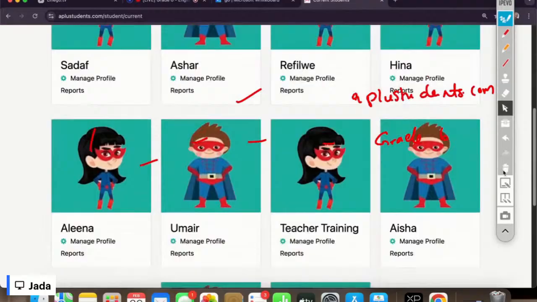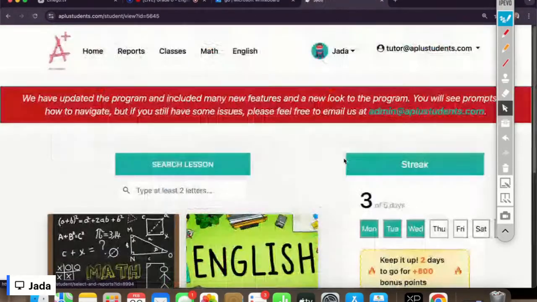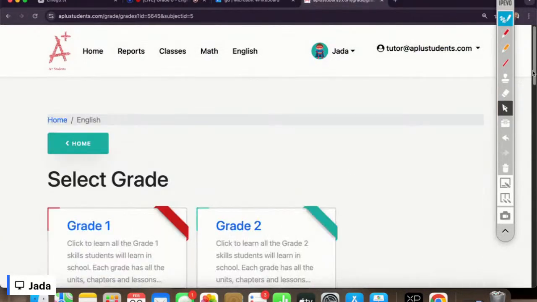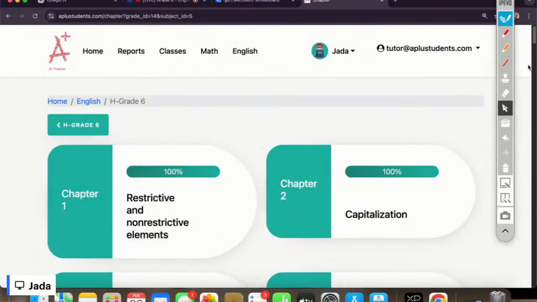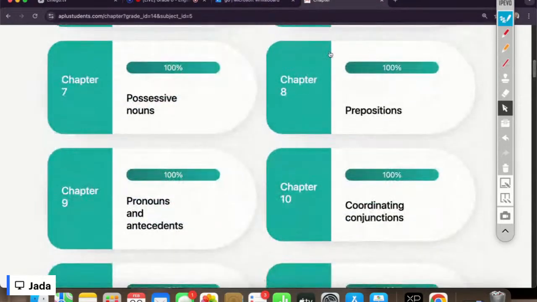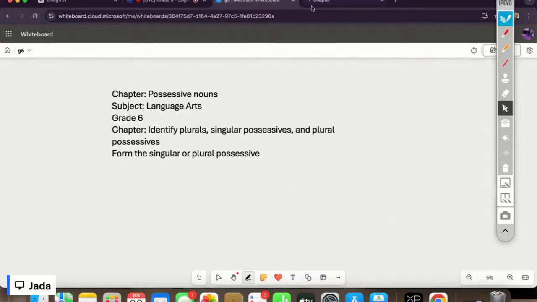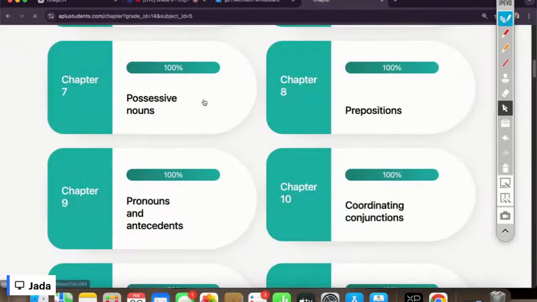So after clicking on the a+10.com, you move over here and you click on your name. Then you go to English, which is also language arts, and you scroll down to grade 6. So we have possessive nouns. So you click on possessive nouns, and we will continue the two lessons or finish up the two lessons on the possessive nouns today.